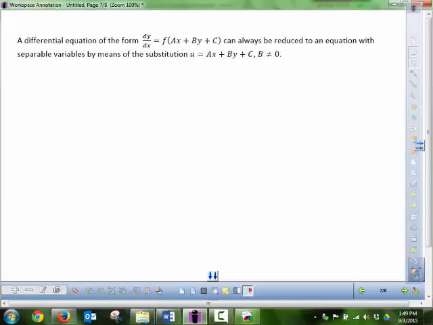Or except no, b can't be 0 because we need the y in there.